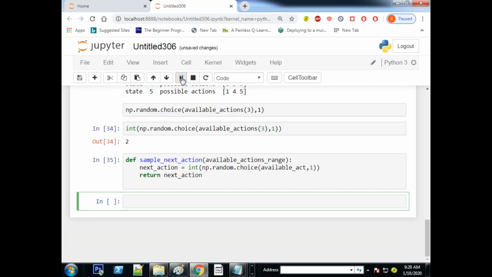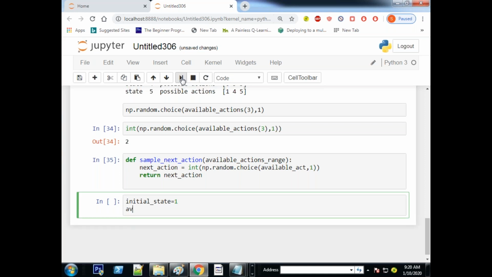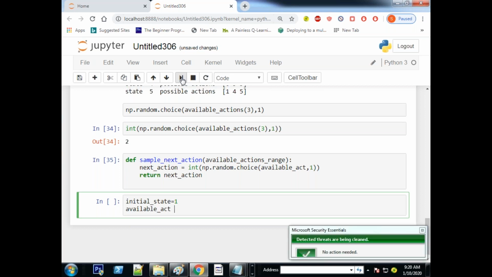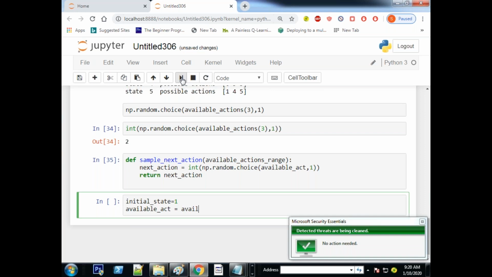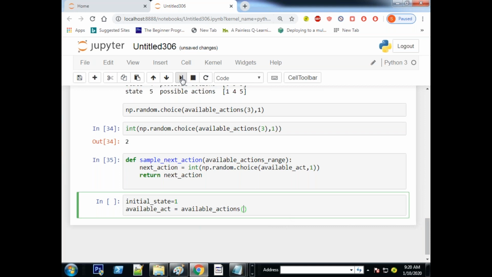Okay. I'm keeping initial state as 1. Available act. What is our function previously? Available actions, actions of initial.